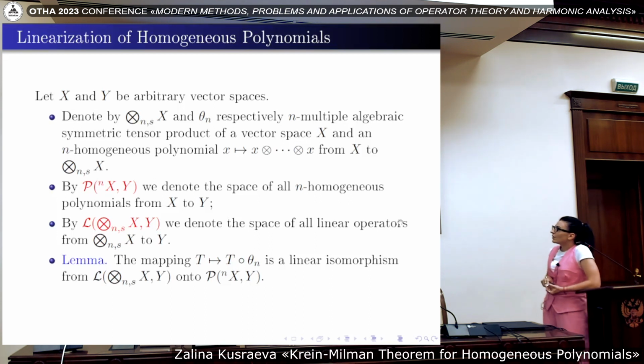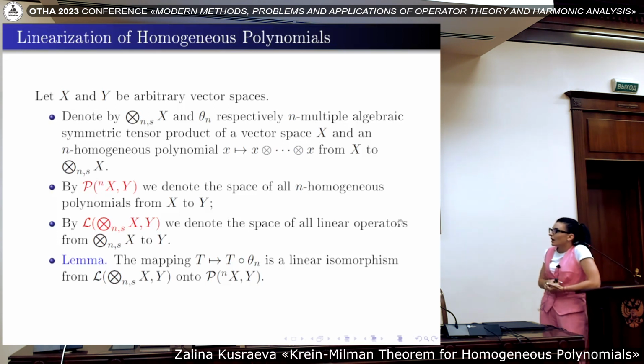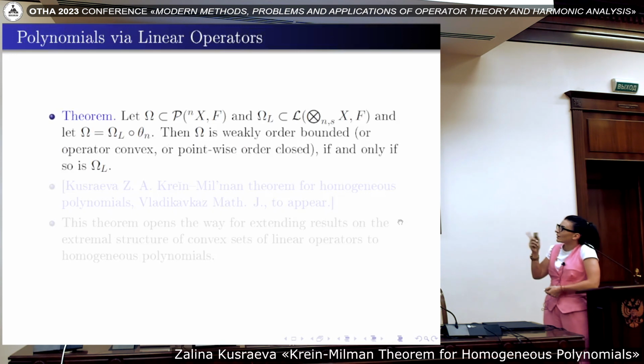This linearization result gives us an opportunity to transfer all well-known theorems and properties for the space of linear operators to the space of polynomials. And it is done by means of the following theorem.